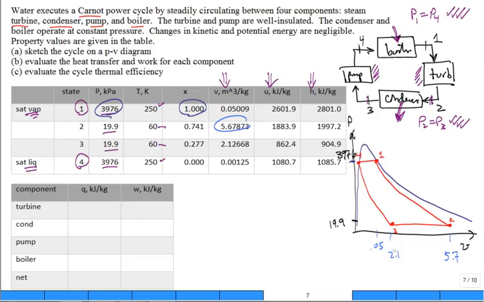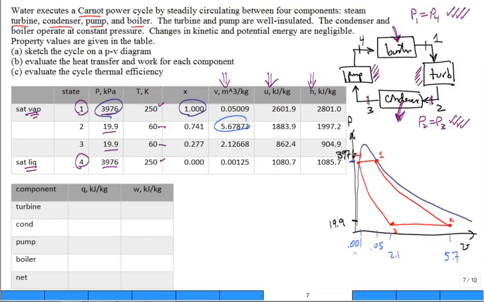It needs to be even more over. It's not to scale at all, right? But I'm trying to show you what it looks like, okay? And then for 4, it's 0.00125. I mean, it's really small. True? All right, so there it is. I tried to do a little better job of showing on a PV diagram.